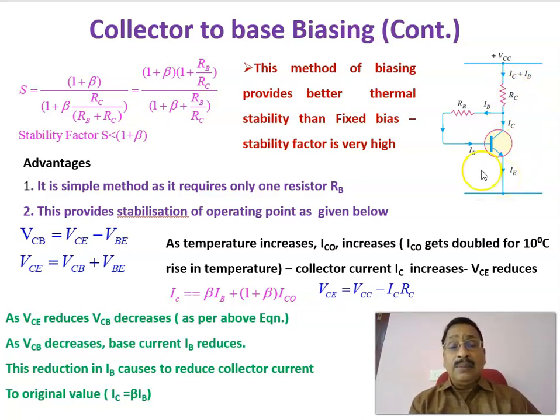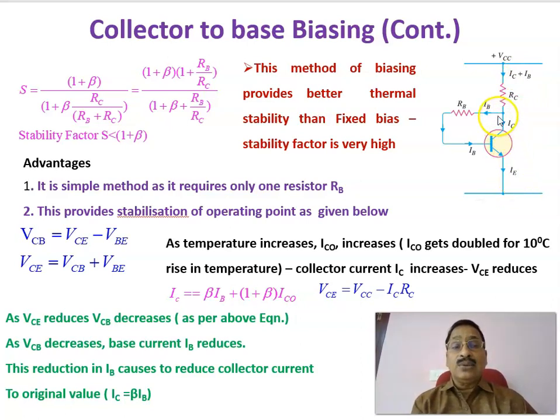Now, at the same time, if you see the equation for VCB, that is the collector to base voltage, VCB is given by VCE minus VBE. As collector current increases, VCE is reducing, meaning that VCB reduces. As collector current increases due to the temperature rise, ICO increases, then IC increases, then VCE reduces.